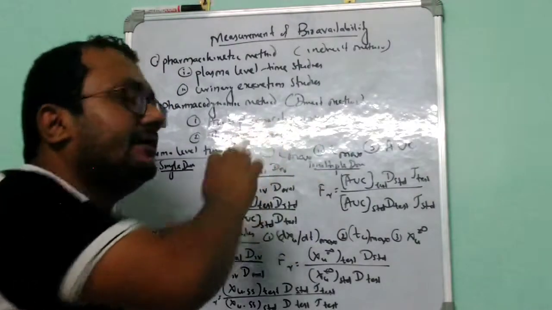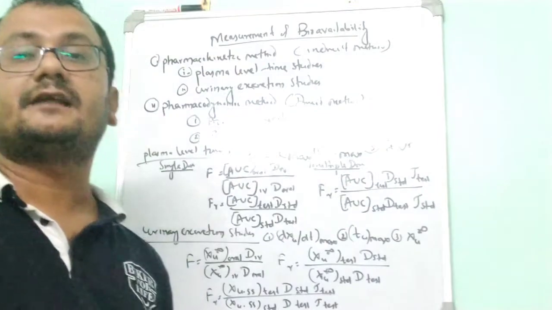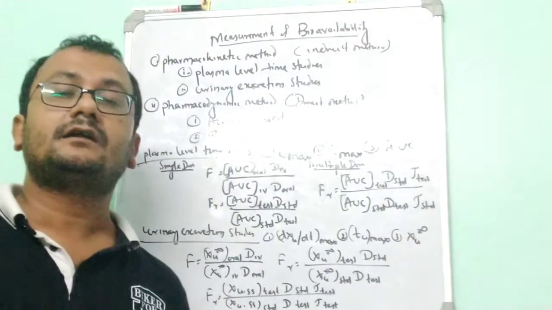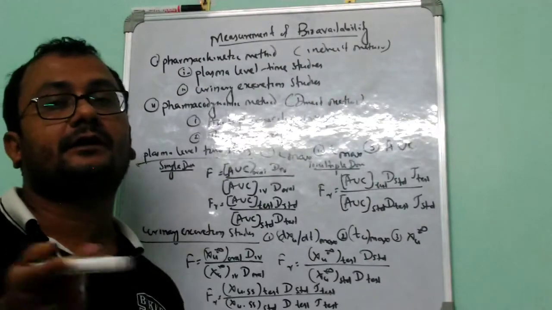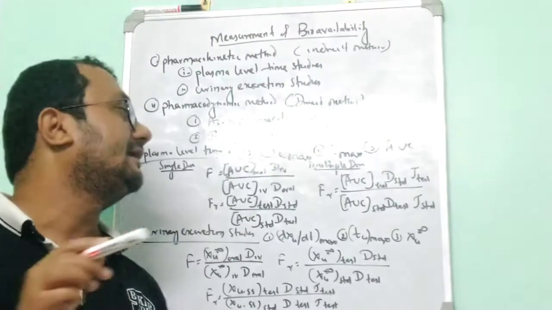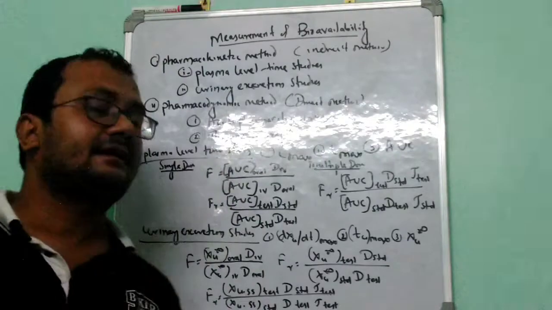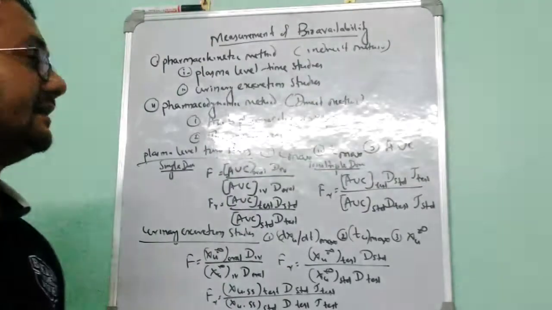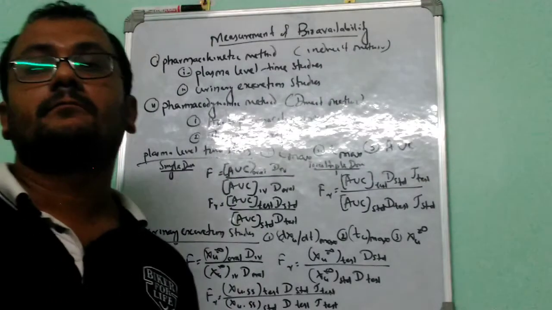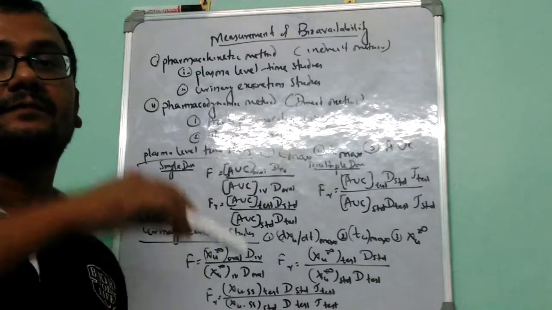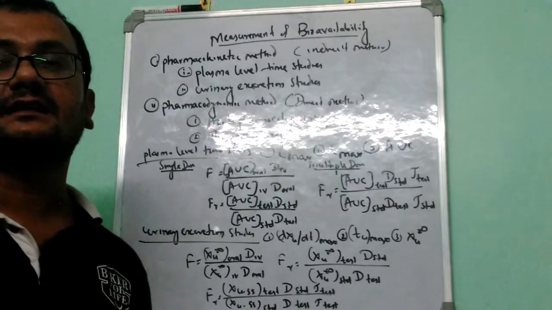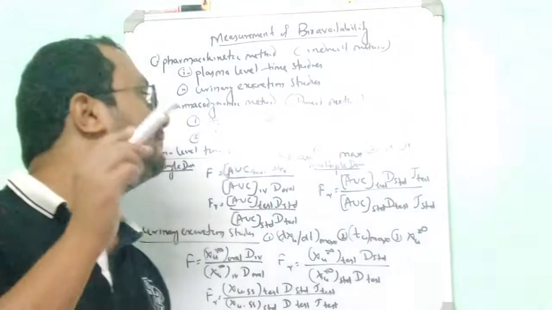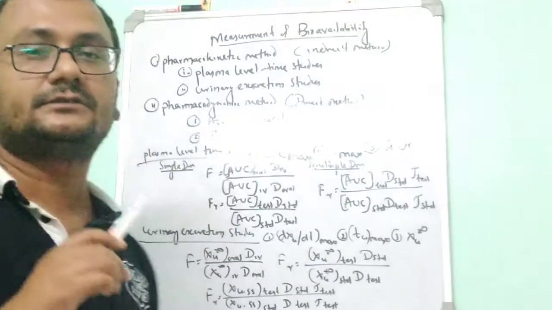Then coming to therapeutic response, that means how much therapeutically effective the drug is. But it is a very difficult process to know how much drug is effective for a particular disease, so it is a very tedious method. We are evaluating how the drug is effective for a particular disease. We are not seeing any pharmacological response for the drug; we are finding the therapeutic response.